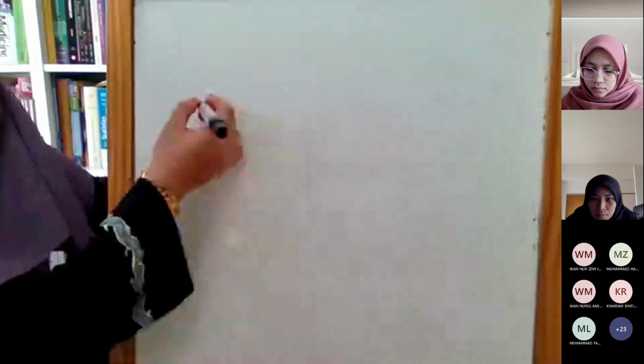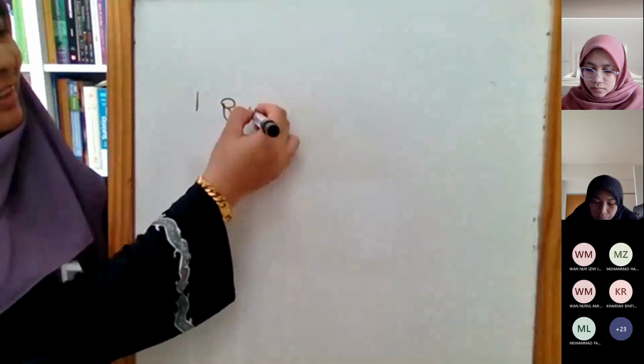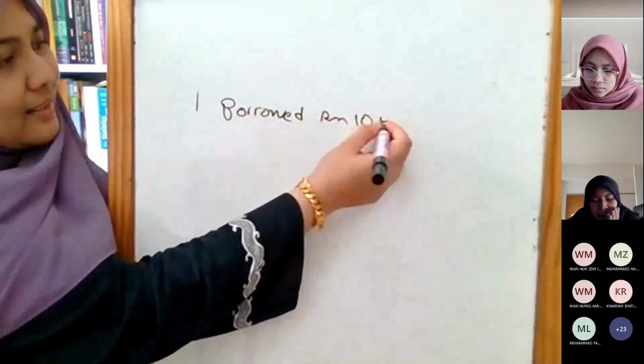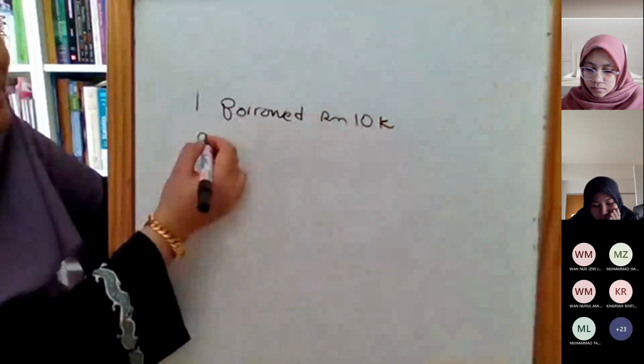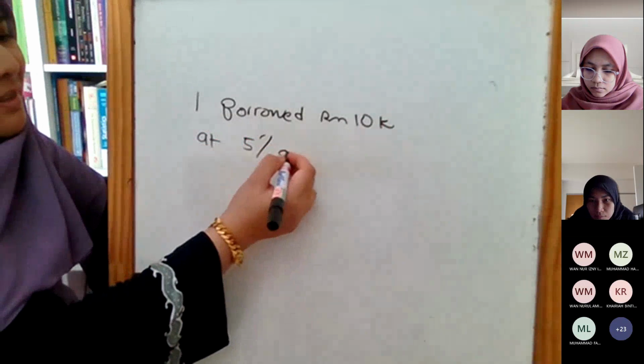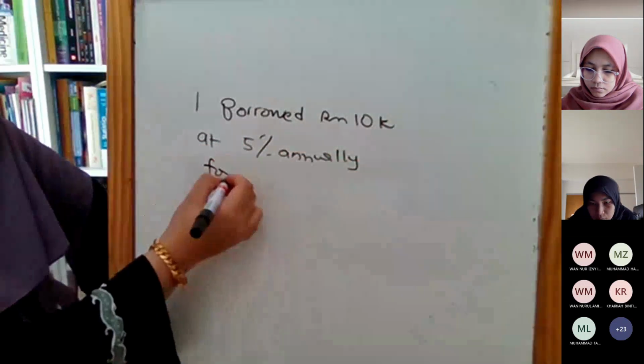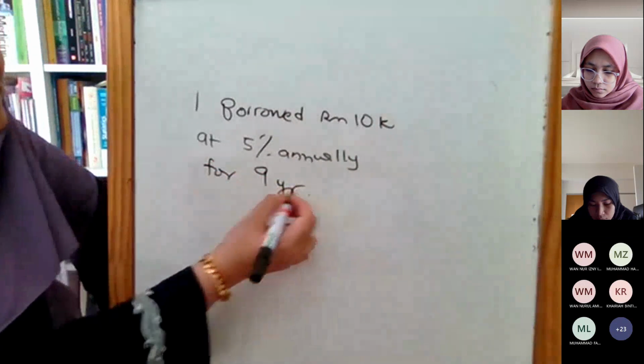So let's say I borrowed RM10K. I borrowed 10,000 at the rate of 5% annually for the period of 9 years.